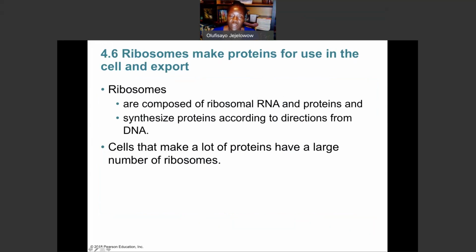DNA does the direction by guiding the ribosomal RNA content, the messenger RNA content, and the transfer RNA content that all go together into the ribosomes inside the cytoplasm to make proteins. So when you observe under the microscope cells that are making a lot of protein, you will find large numbers of ribosomes in them.